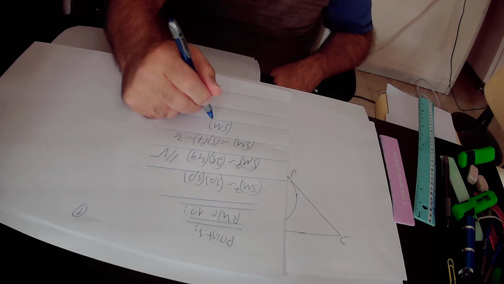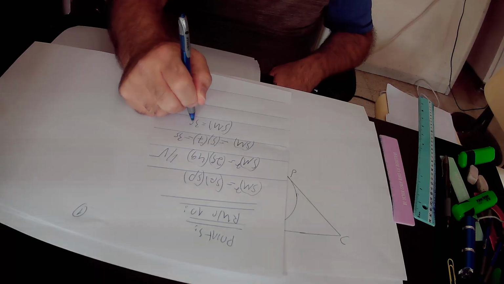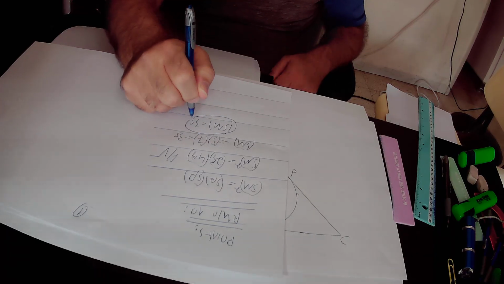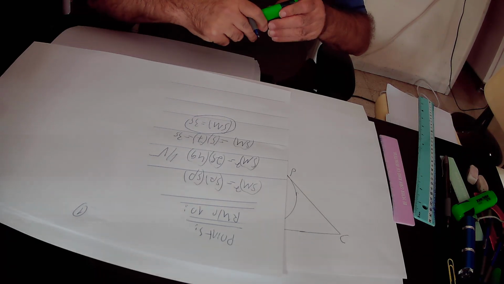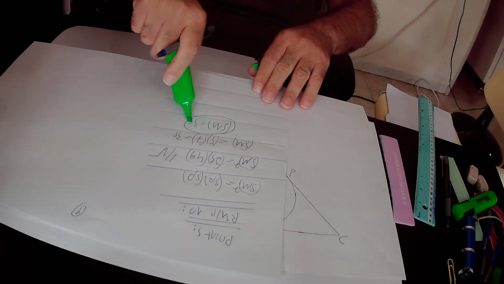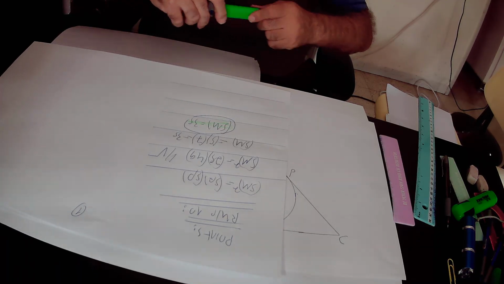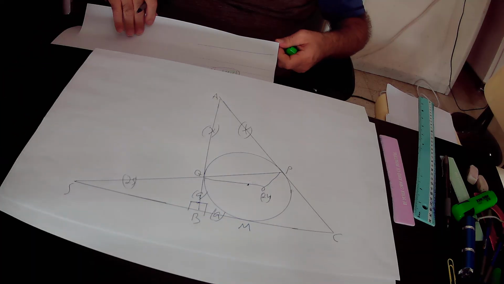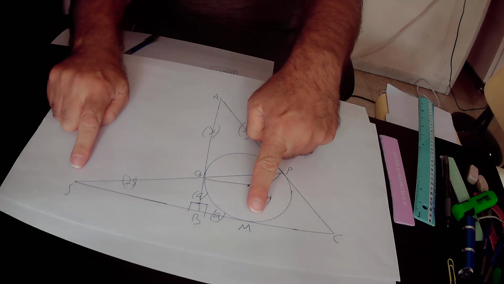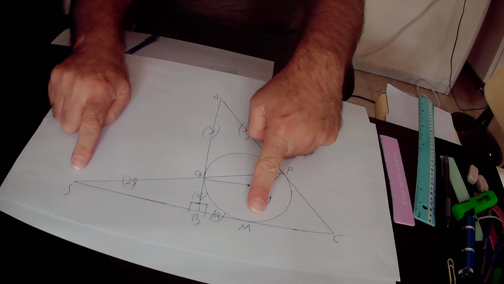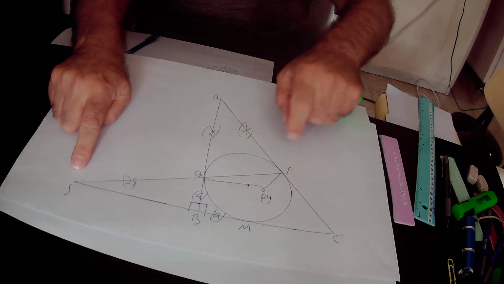So the length of tangent SM is 35 units.